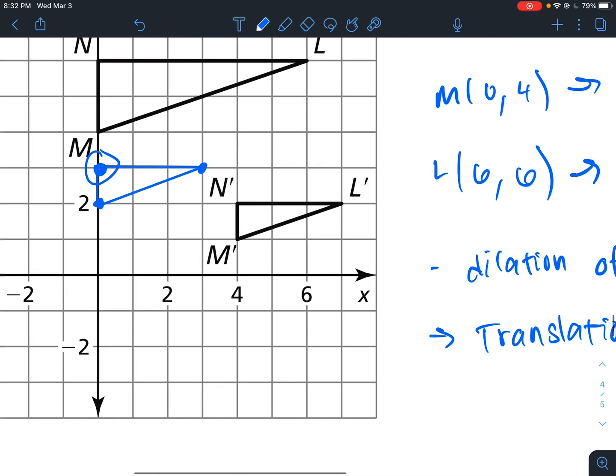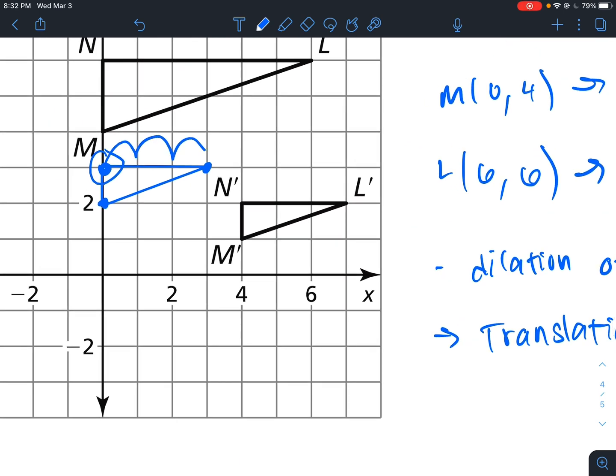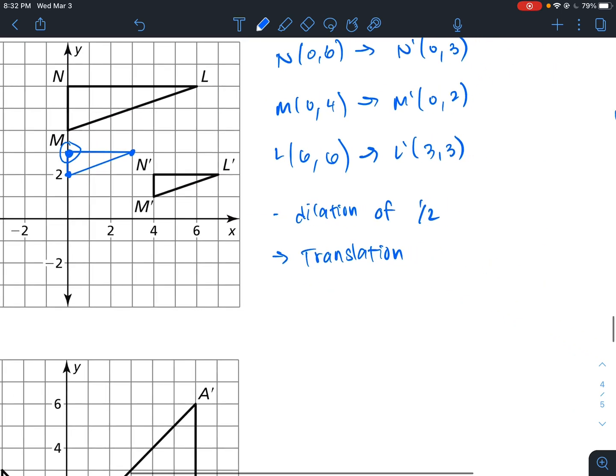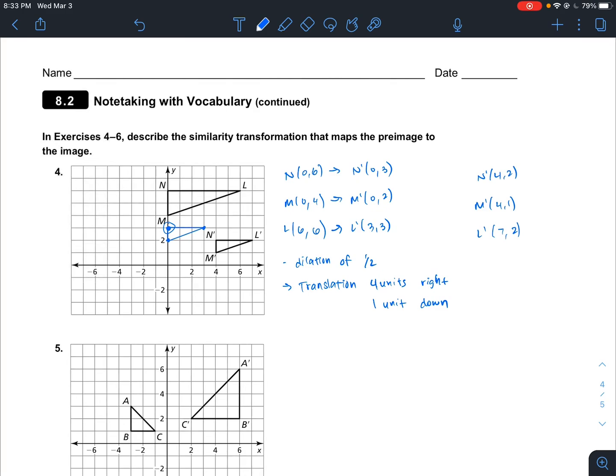So from here, N prime, I have to go 1, 2, 3, 4 units to the right and 1 unit down. Same with L prime, 1, 2, 3, 4, and 1 unit down. So my translation is 4 units right, 1 unit down. There you go.